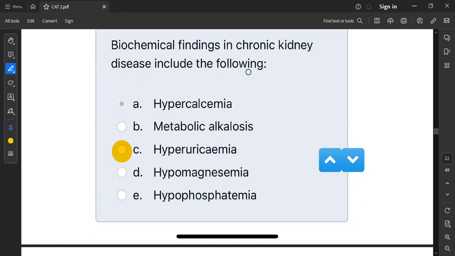Uric acid is being produced, but not being taken out. So what will happen eventually? There'll be accumulation, and once there's accumulation, we'll have what we call hyperuricemia. That's why it's a finding in biochemistry of a patient with chronic kidney disease. Great. We move to the next.